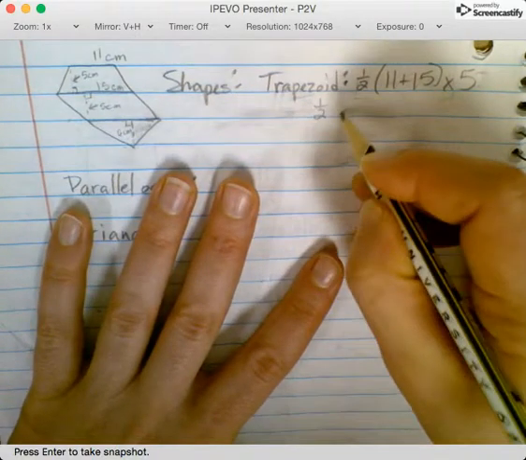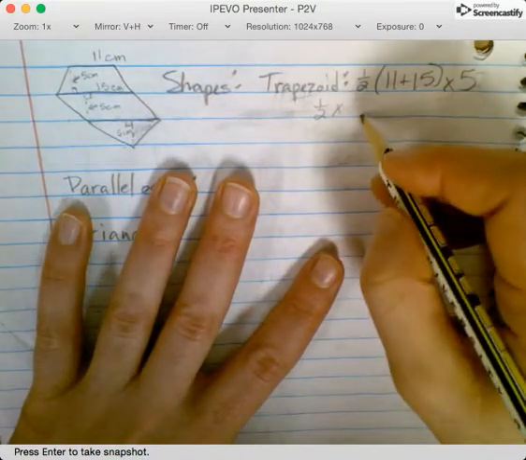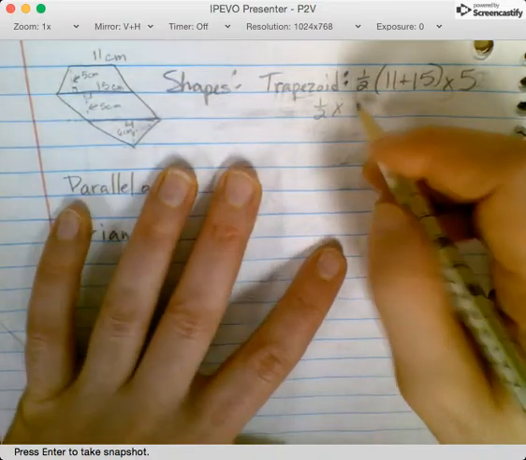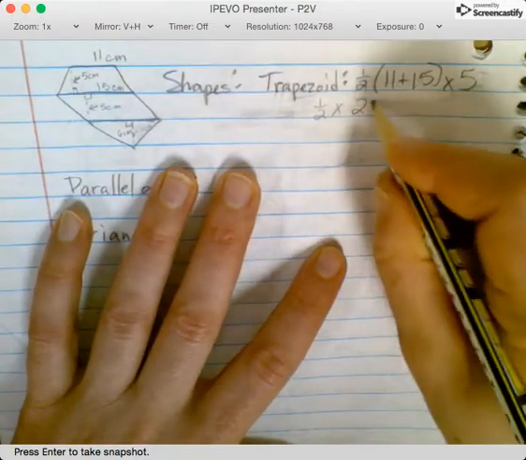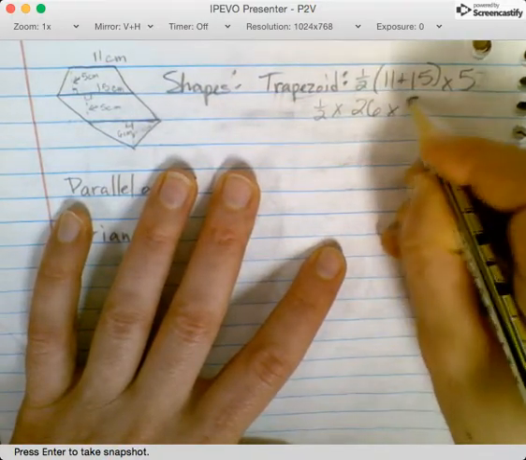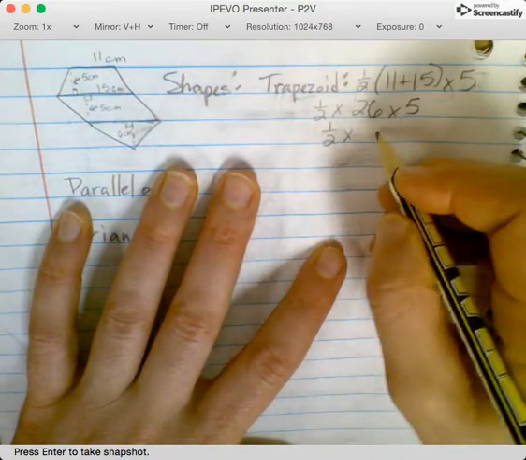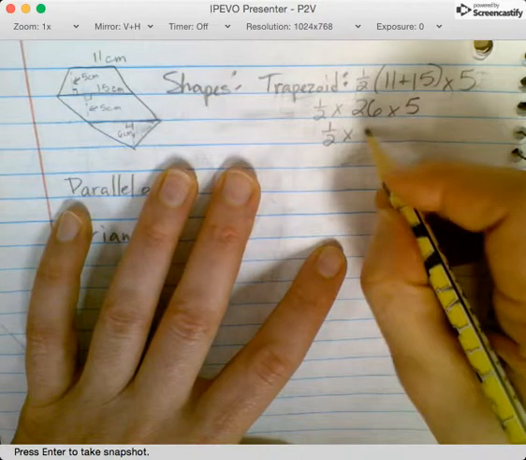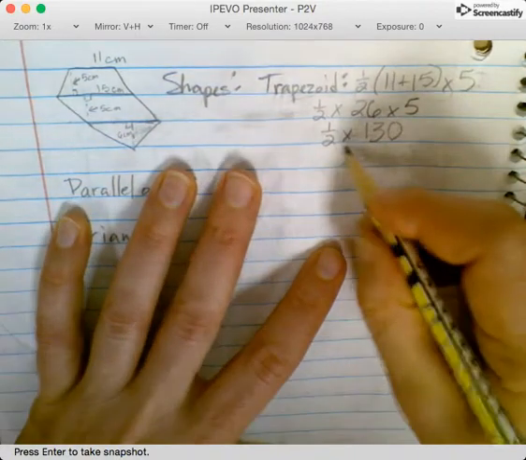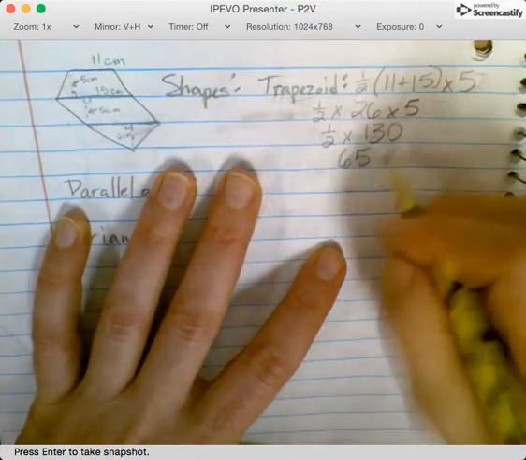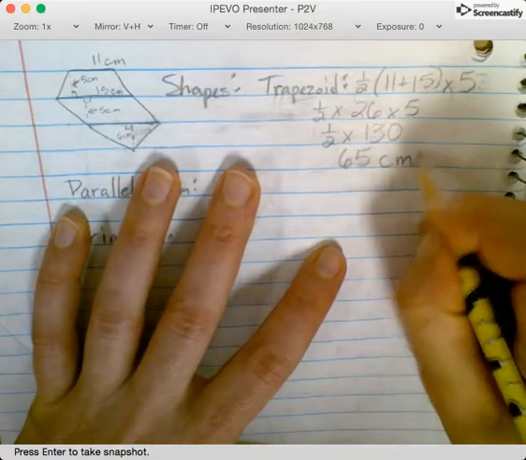So 1/2, and 11 plus 15 is 26 times 5. So we have 1/2 times 26 times 5, and that is 1/2 times 130, which is 65, and that is labeled in centimeters squared.